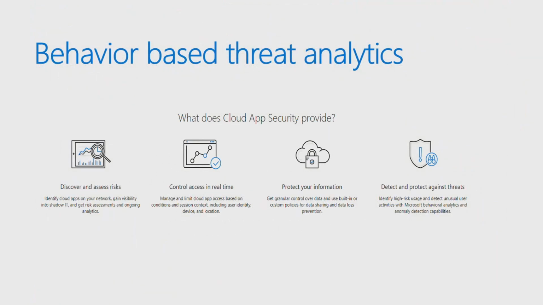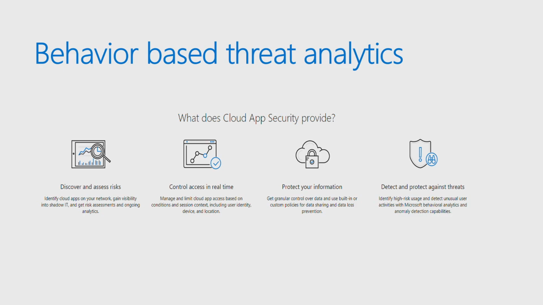As mentioned earlier, Cloud App Security is a behavior-based threat analytics software. With Cloud App Security, you can identify cloud apps on your network, gain visibility into shadow IT, and get risk assessments and ongoing analytics. Manage and limit cloud app access based on condition set and session context, including user identity, devices, and location.